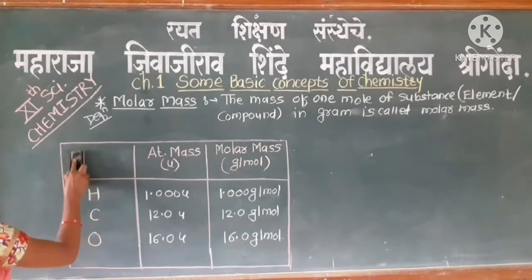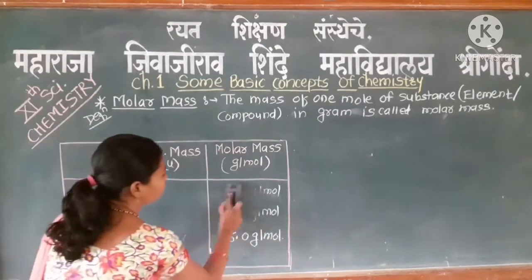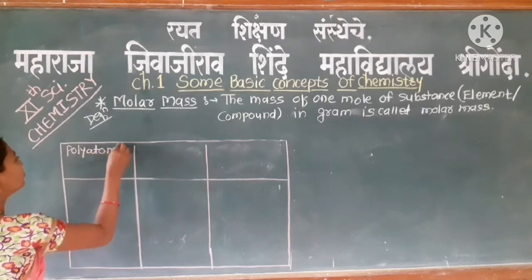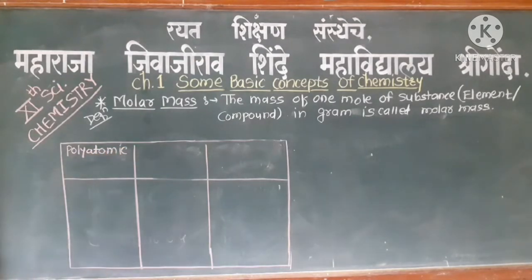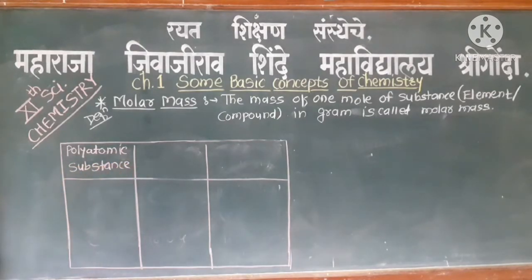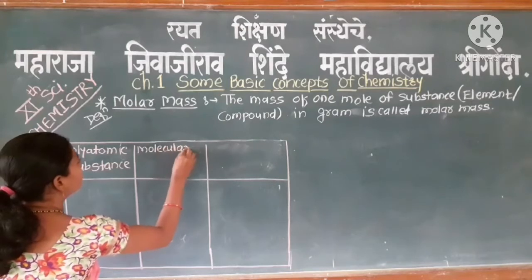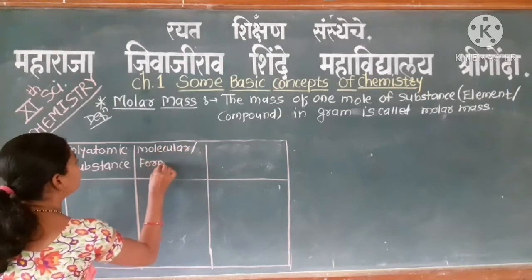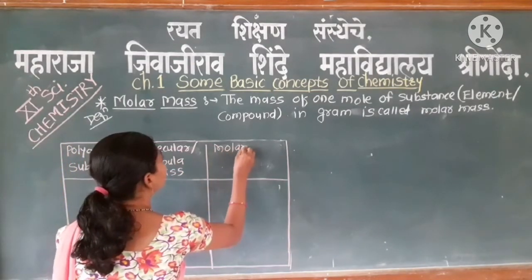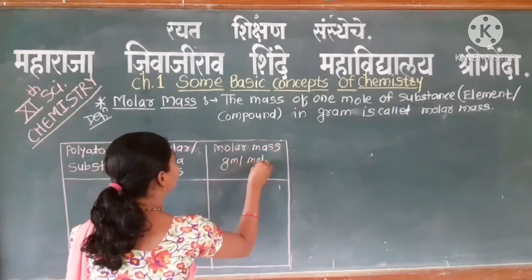Consider a polyatomic molecule. Molecular or formula mass, molar mass in gram per mole.